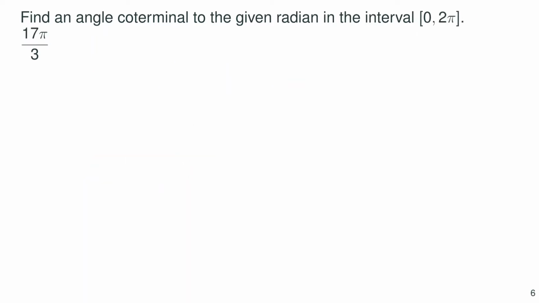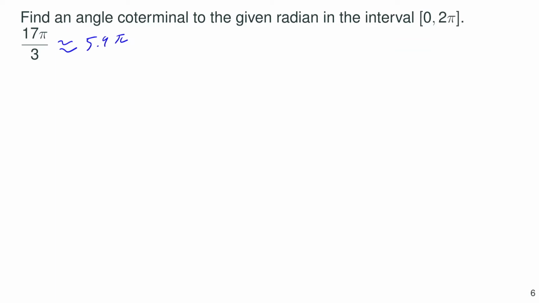Find an angle coterminal to the given radian in the interval 0 and 2 pi. Now we're dealing with radians. So let's first check something. This is about 5.9 pi. About. If I do 17 divided by 3, if it were to be 18, it would be exactly 6 pi, right?